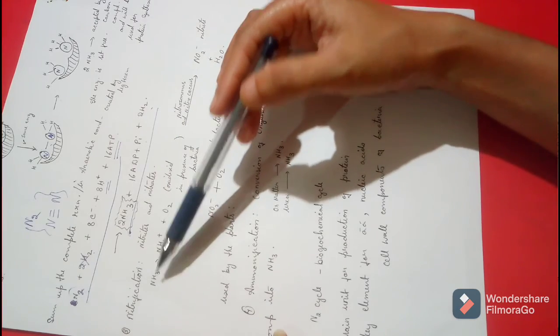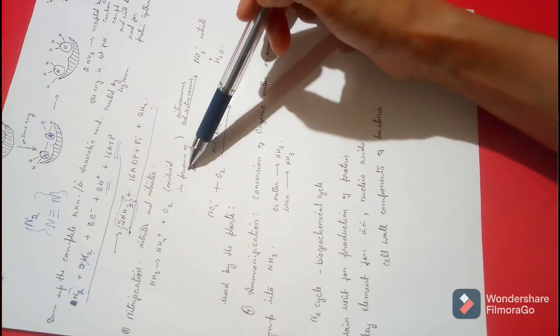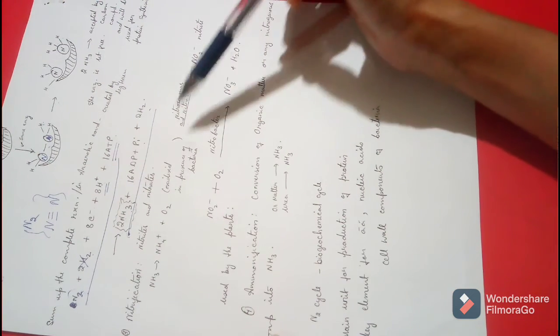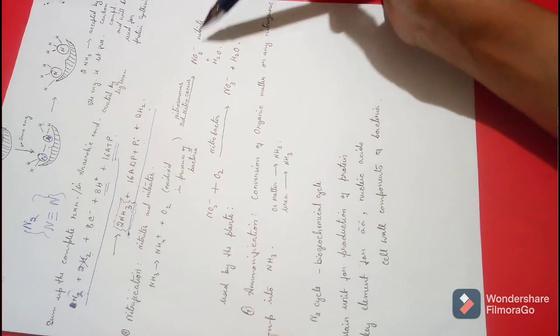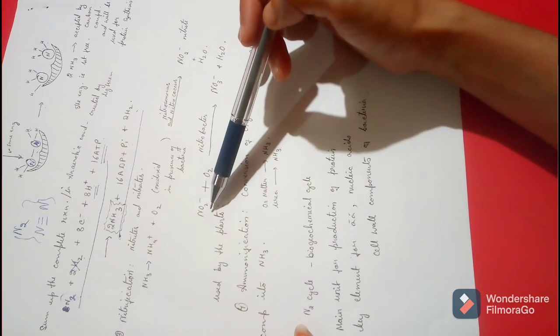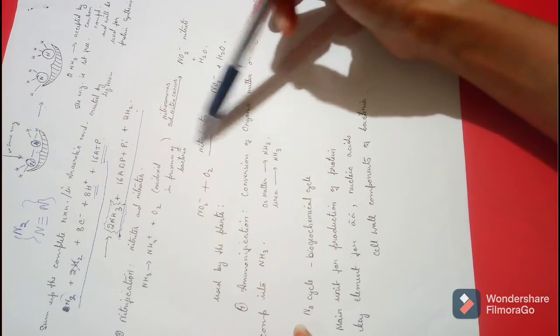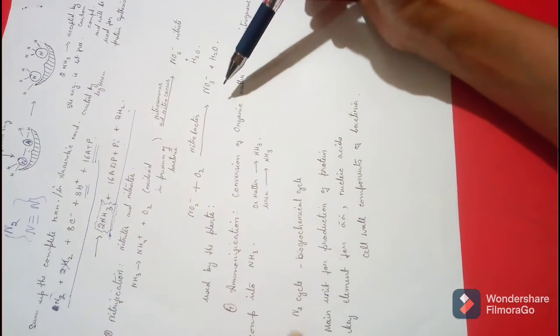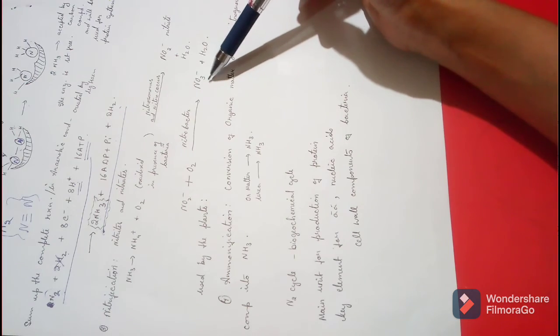So ammonia gets further oxidized in the presence of bacteria such as Nitrosomonas and Nitrococcus, and is converted into nitrite. Now this nitrite gets oxidized by the bacteria Nitrobacter and is converted into nitrates.